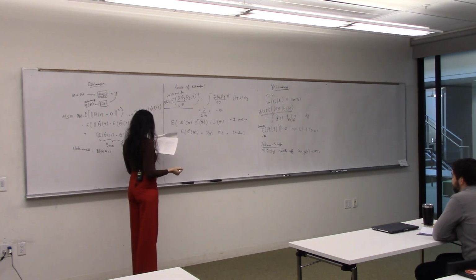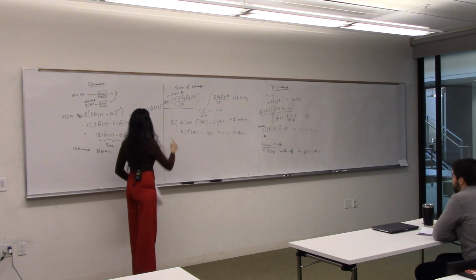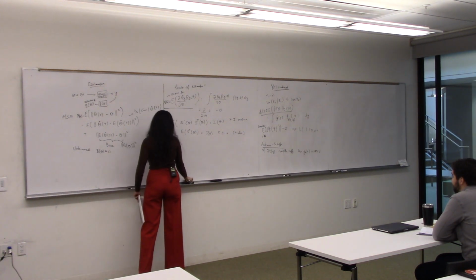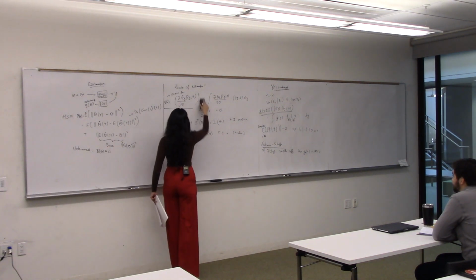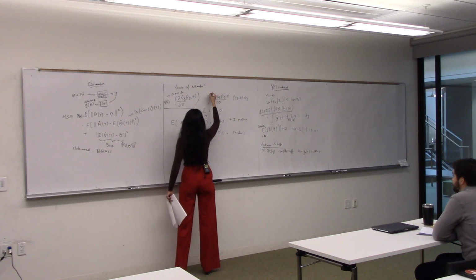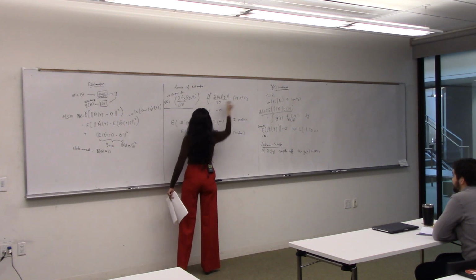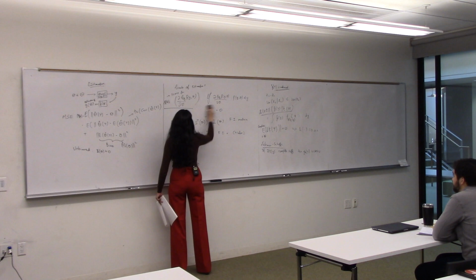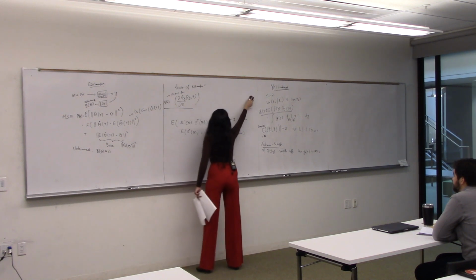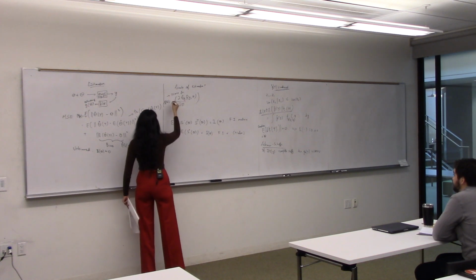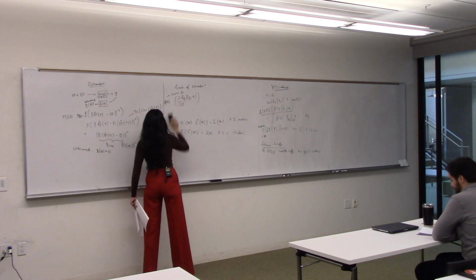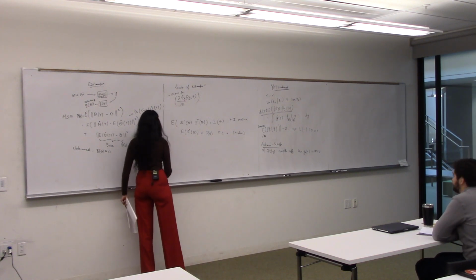Oh, sorry, S depends on both theta and Y. Yes, you're right. Let me erase this and make it clean. Yeah, S is both a function of theta and Y. Good point.